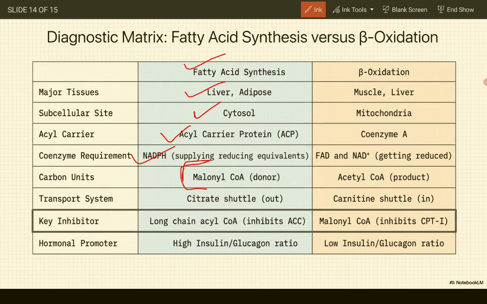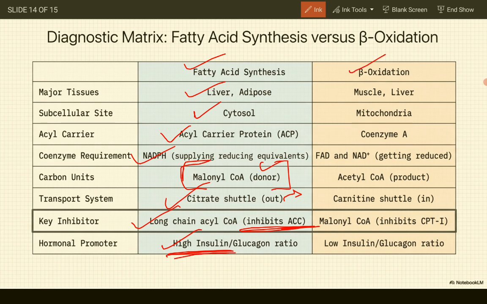Malonyl CoA is the 2-carbon donor of carbon. The transport system used is the citrate shuttle to move acetyl CoA from the mitochondrial matrix into the cytosol. The key inhibitor is long chain acyl CoA, which inhibits ACC, right? The hormonal promoter of fatty acid synthesis is high insulin.